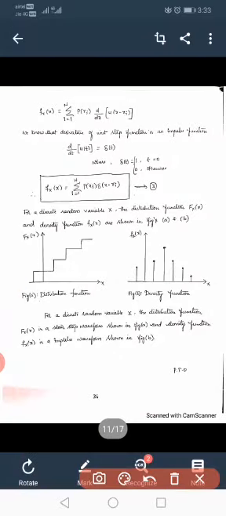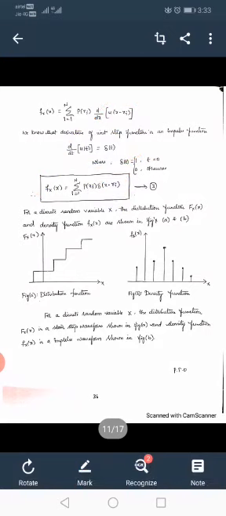If we differentiate the unit step signal, we get an impulse signal. The derivative of a unit step signal is an impulse signal. So the density function is fX(x) equal to summation i equal to 1 to n of probability of xi into the impulse signal delta of x minus xi.